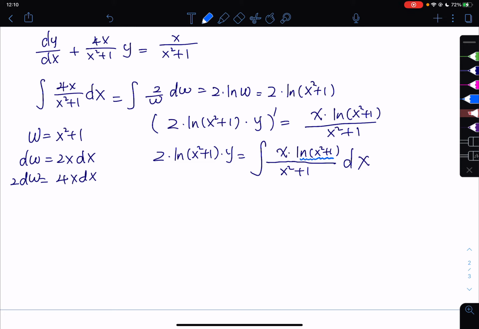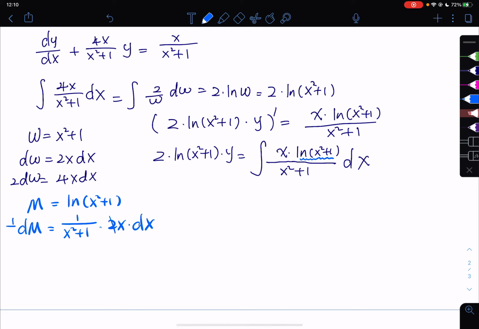So what I'm going to do is call m ln of x squared plus 1. So dm is 1 over x squared plus 1 times 2x times dx. I can get rid of the 2 by moving it to the other side, so it's 1/2.